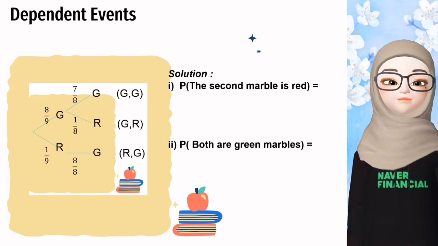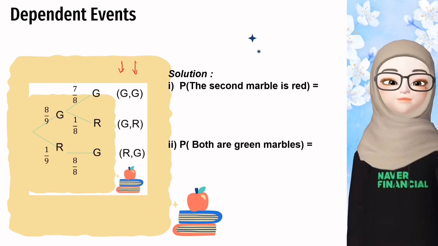The first position is the first try, the first marble, and the second position is the second try, the second marble. So you want to find the red marble here.